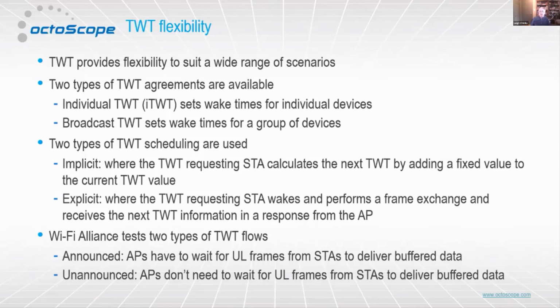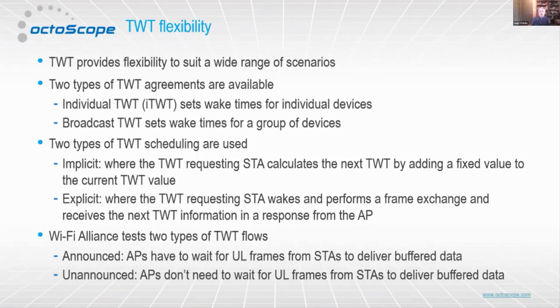So you can imagine how the implicit one is probably more battery efficient, because you've eliminated some communication with the AP that's not specifically related to data. On the other hand, to the extent that there can be some sort of miscommunication, you can see how explicit would be maybe more robust. So it's a trade-off between being absolutely certain and also saving battery.